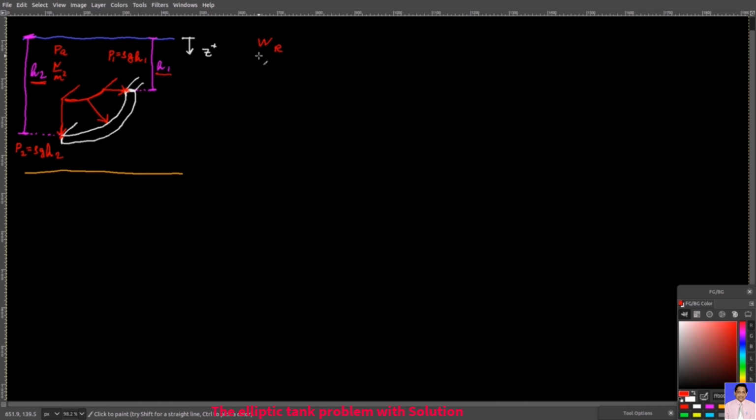Then you can get your WR through integration just like before. And then instead of this pressure, you will have some kind of pressure per unit length of this plate that goes along the length of the plate.